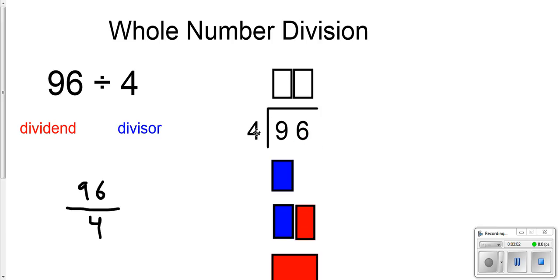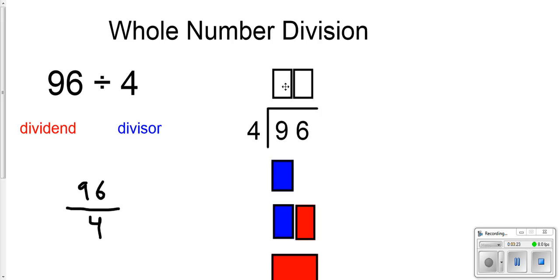Now to do your division algorithm, you're going to do 4 into each digit separately. So 4 goes into 9 how many times? Well, if you count by 4s, 4, 8, 12, 16, and so on, the closest number you can get to without going over 9 would be 8. And that's 2 different 4s.